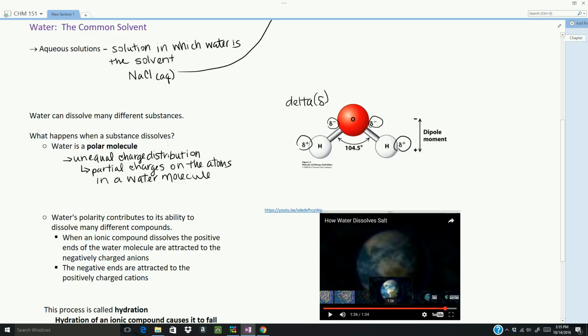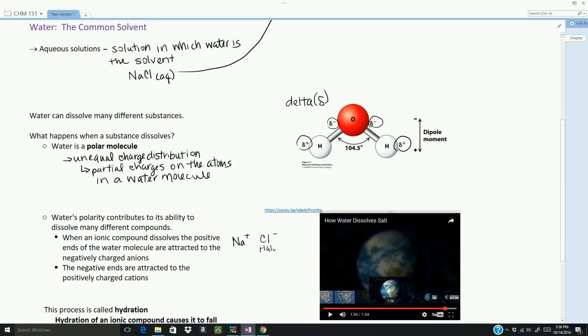So what happens when you put salt in water is that the positive ends of the water molecule, the hydrogens, attract the negatively charged anions. So in salt, we have sodium, which is plus, and chlorine, which is minus. Remember your charges: halogens always have a -1 charge, and sodium is in group 1A.